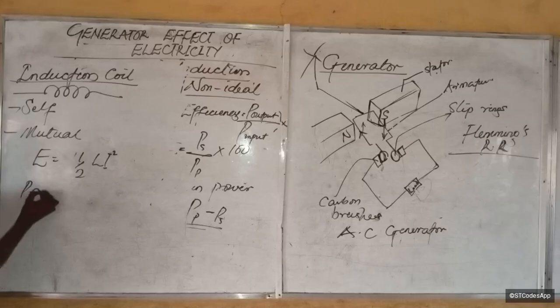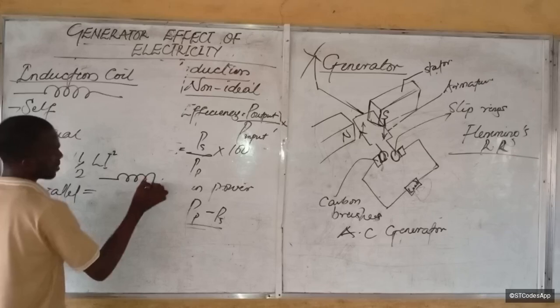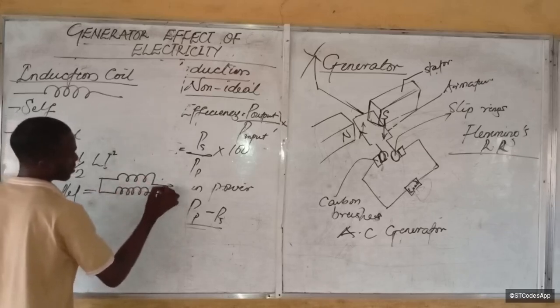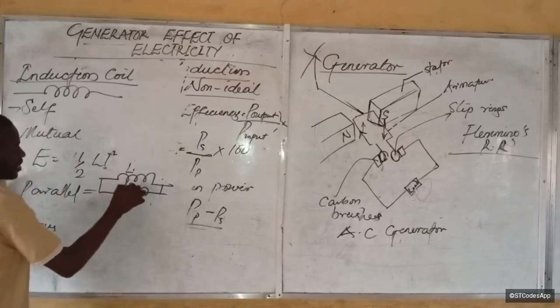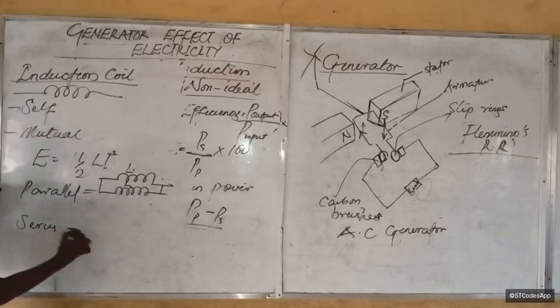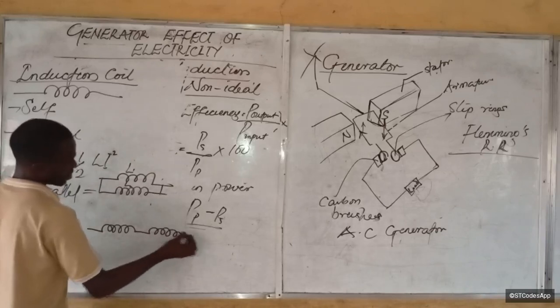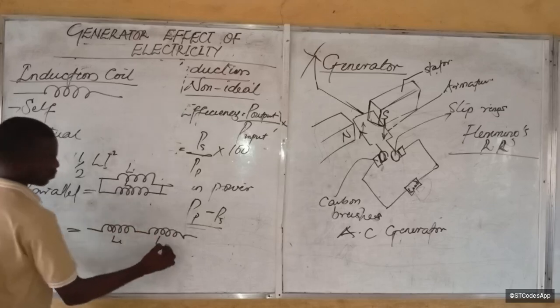So we have two types of arrangement: the parallel arrangement and the series arrangement. In the parallel arrangement, you have induction coils like this, separated by junctions, just like with resistors. Do you remember? This is L1, L2. And in series arrangement, you have induction coils in sequence, serially, one after the other. This is L1, this is L2.